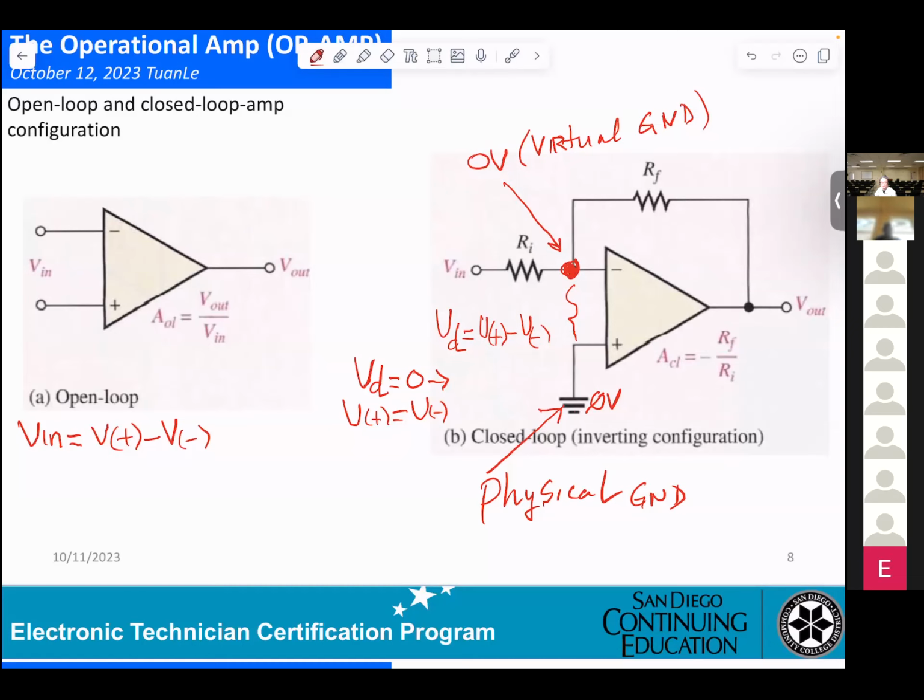That's what they call physical ground. And this one is not directly connected to the ground, but it's 0. They call it a virtual ground. Try to separate it and understand that. If you have any questions, just let me know.